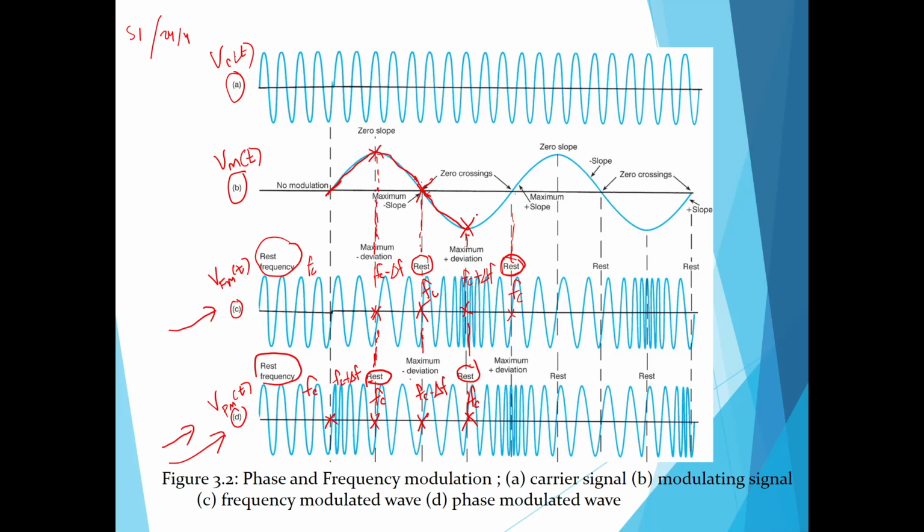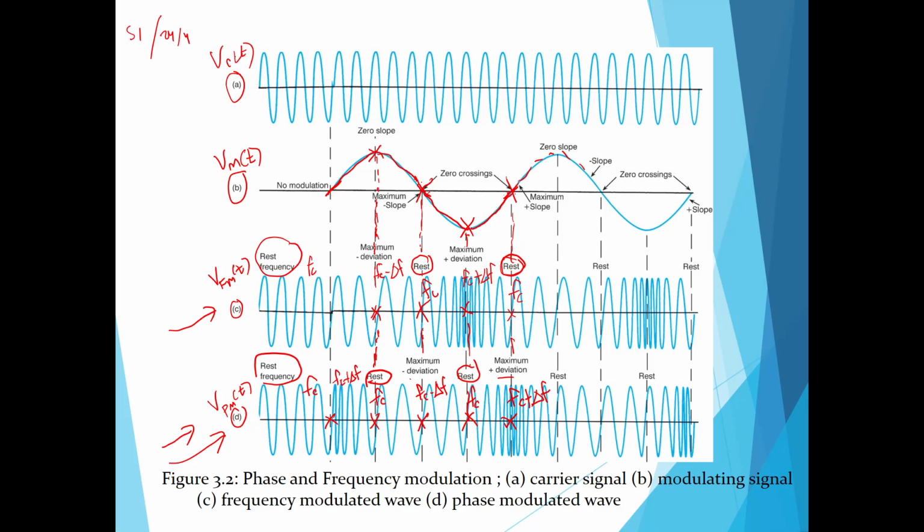Then the input message moves from the negative peak towards zero crossing. What happened to the output? The output would be at maximum positive deviation, and at this point the carrier frequency would be maximum, which is Fc plus delta F, and so on, dan seterusnya.